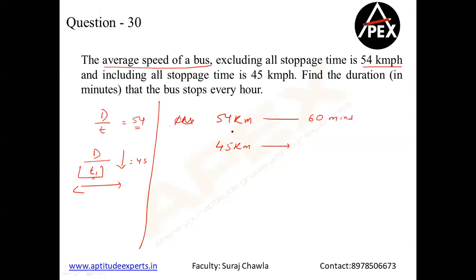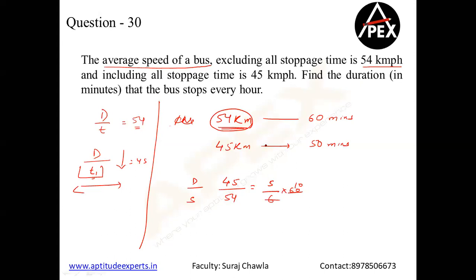Now to cover 45 kilometers, tell me, at the earlier speed, how much time will the bus take? The bus will take 45 by 54, distance by speed, these many hours. That means the bus will take 5 by 6 hours. 5 by 6 into 60 means what? The bus has taken 50 minutes to cover the same distance.